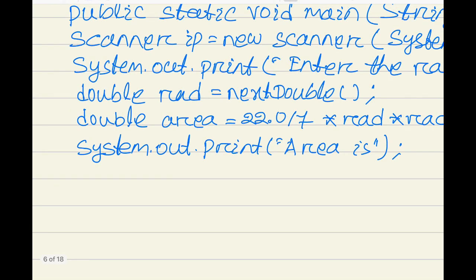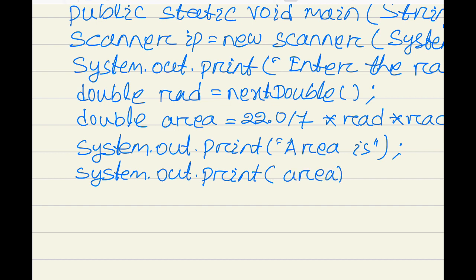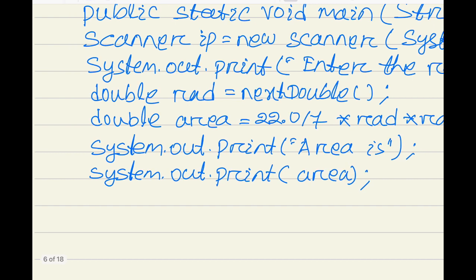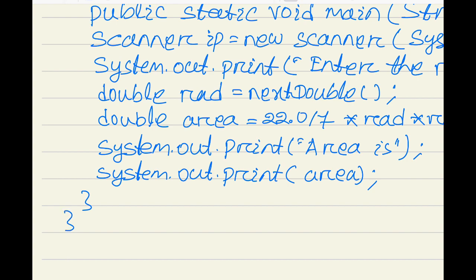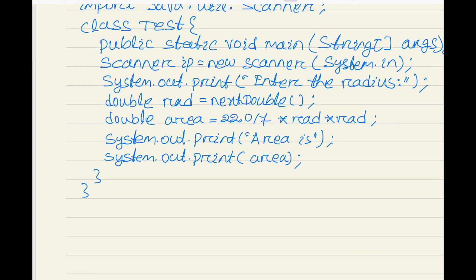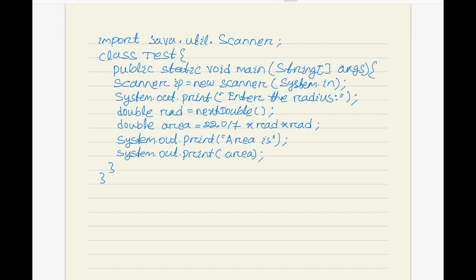Now print the value of area. For that we can write another System.out.print area, then end of main, end of class Test. So this is the complete program that computes the area of a circle from the radius.